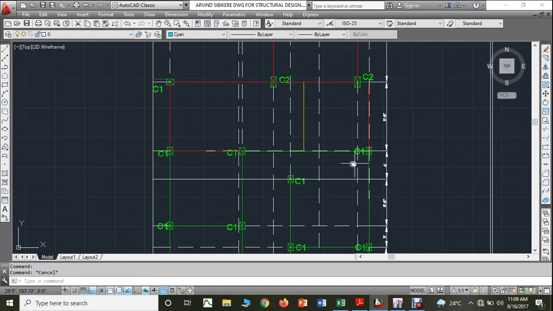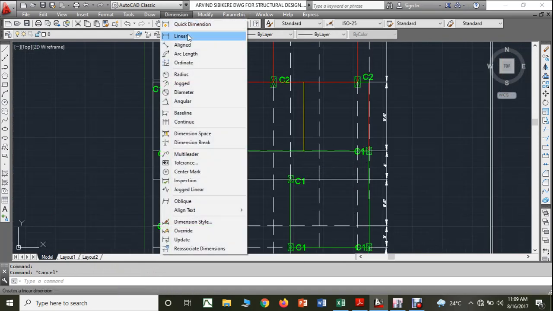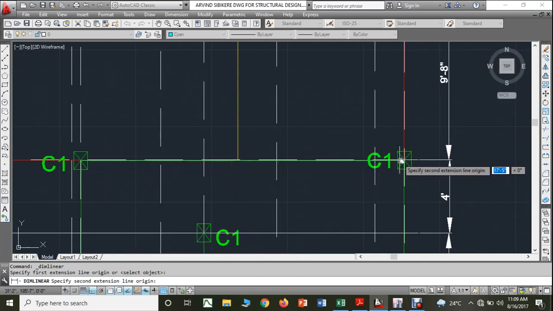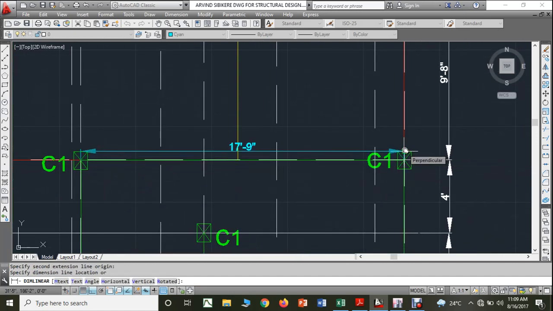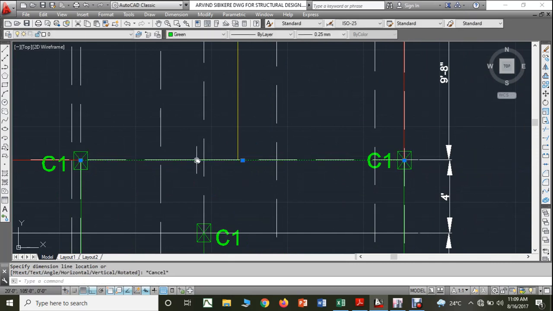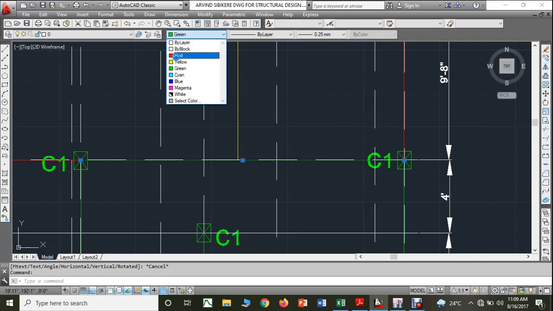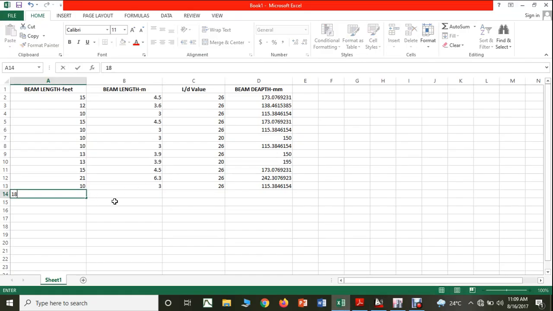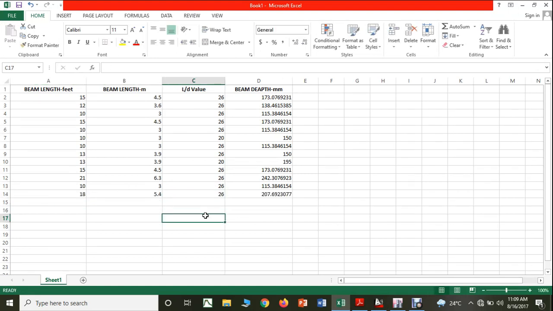Whereas this one I need to check, it is dimension linear from here to here. 7 feet 9 inches, that is almost 18 feet. Okay, it is an 18 feet beam. So I need to change it, so 18. So 26, so it is 207, it is coming.